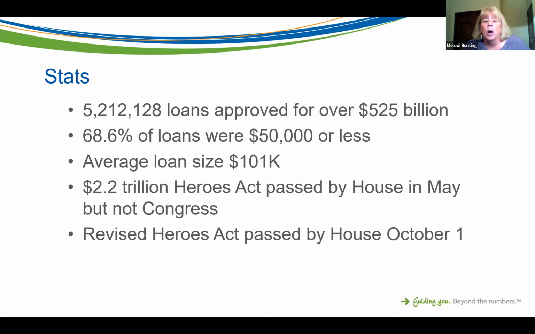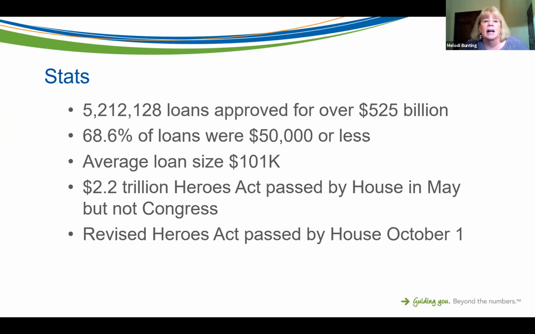I know a lot of you were hoping that automatic forgiveness was going to be instituted, and what they were doing was looking at the size of the loans. It was determined that 50,000 or less was the threshold. There's some talk that there still may be additional thresholds, but that's really unlikely.